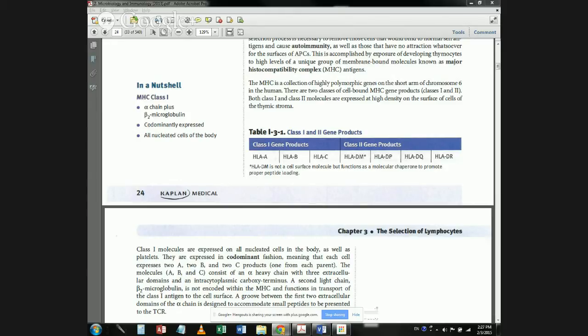Okay? So you have class 1 molecules that are expressed on all nucleated cells in the body. So HLA-A, B, and C are found in every single cell in the body that has a nucleus, which means it's not found on red blood cells. I don't know any other cells that don't have a nucleus.